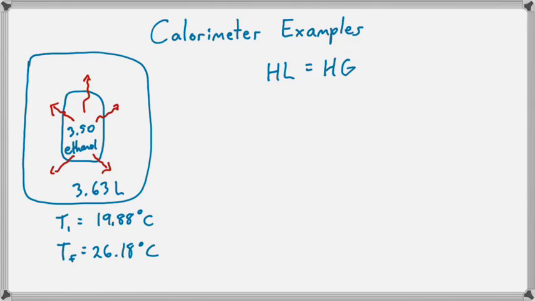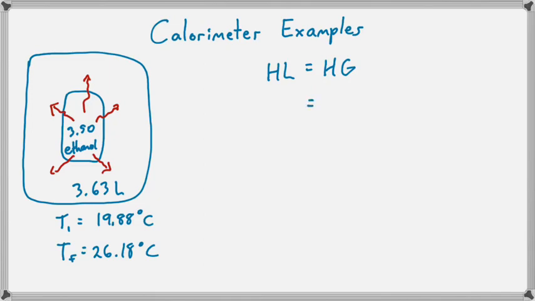Now I have to decide how much to expand each side of that so that I can do my calculations. If we start on the temperature change side, they've given me the mass of the water, the temperature change, and since it's water, I know its capacity.